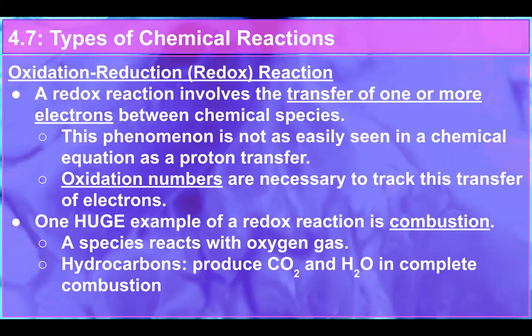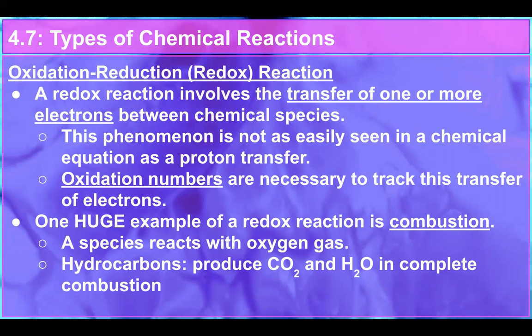Okay, so we're going to use oxidation numbers to track the transfer of electrons, and I'll explain what those are a bit later. Okay, but a really good example of a redox reaction, just like photosynthesis and rusting, is going to be the process of combustion.